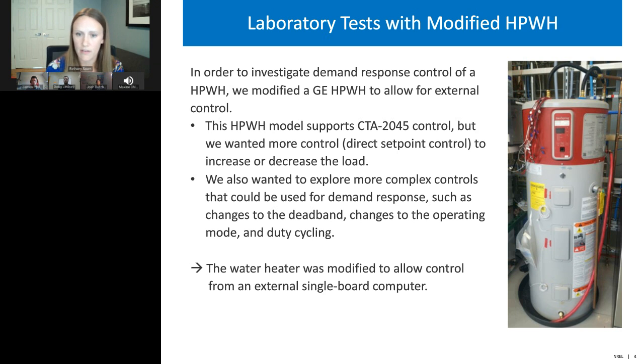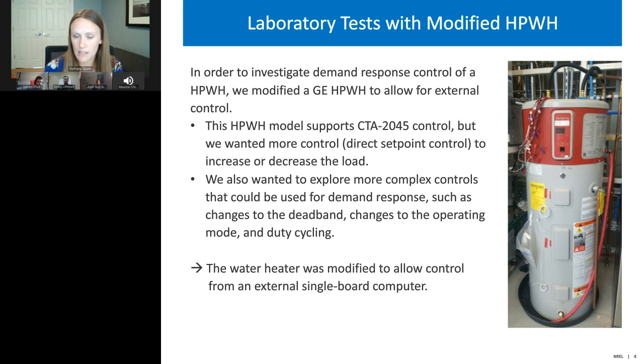So we wanted to have full control for the purposes of reproducing and modeling. But then we also wanted to take the opportunity to dive into controls a little bit further. Maybe not just look at set point control, maybe we could get into something more exotic like duty cycling. So what we did was we modified this water heater so that it could be receiving controls from a single board computer, in this case, a BeagleBone.